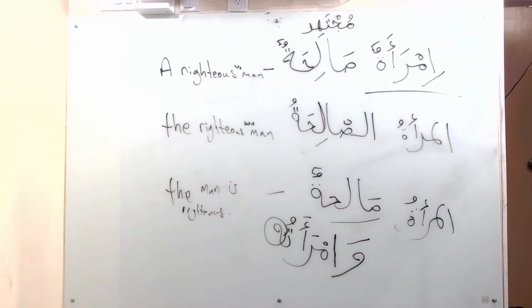Imra'atul Aziz, the wife of the Aziz. وَامْرَأَتُهُ قَائِمَةٌ فَضَحِكَتْ, his wife, standing, and she laughed. Referring to the wife of Ibrahim in the story of when the angels came and told Ibrahim that they're going to destroy the people of Lut. His wife was standing and she heard and she laughed. And there are many other examples.